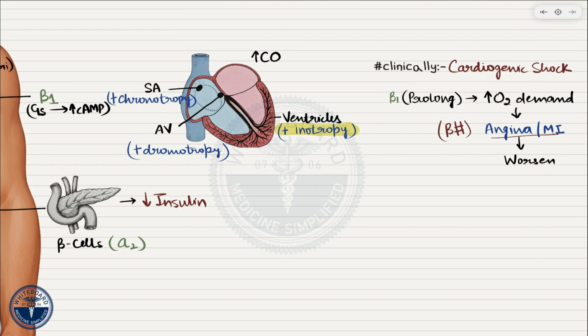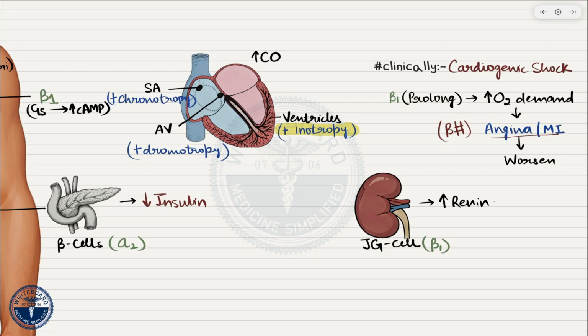In addition to the heart, beta-1 receptors are also present on the juxtaglomerular cells of the kidney. When these receptors are stimulated, they increase the release of renin, thereby activating the renin-angiotensin-aldosterone system. So, during a fight or flight response, the body wants to maintain blood pressure and ensure adequate blood flow to vital organs.